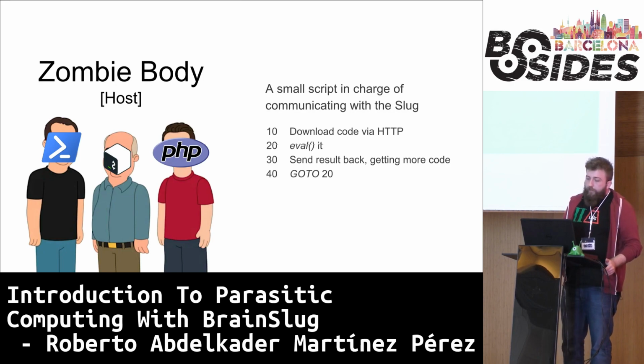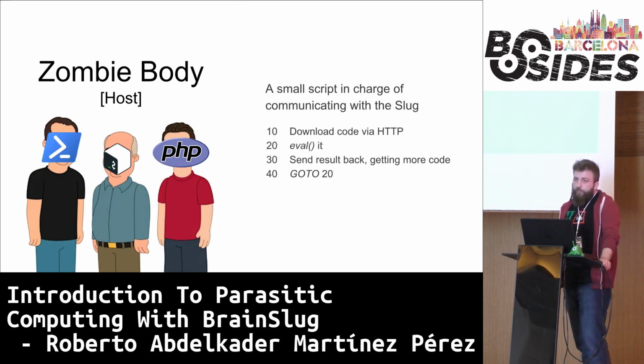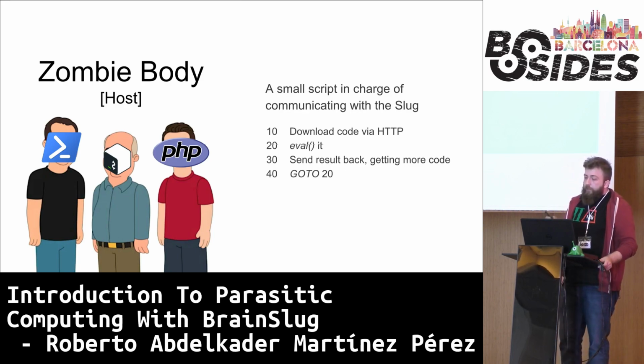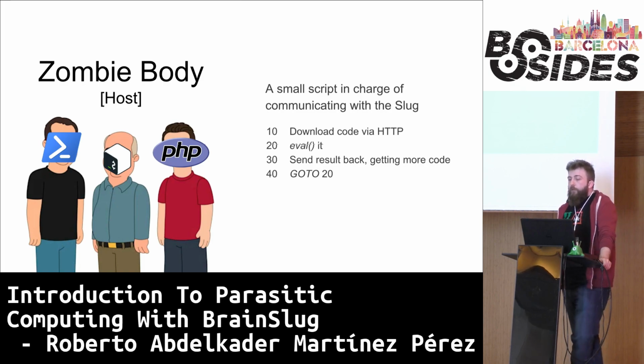And the next thing is the zombie body, or just the body. The zombie body is a small script, written in the remote language that we want to control, that is in charge of communicating with the slug.